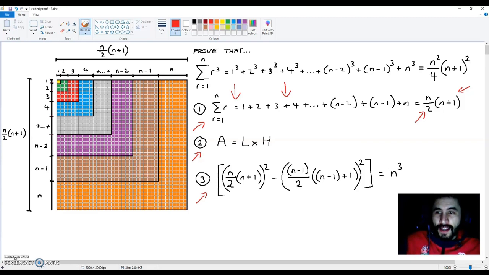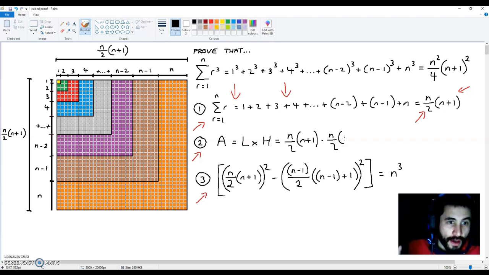Now, if the length and height of this big square is n over 2 multiplied by n plus 1, what do you think the area of the massive square is going to be equal to? Let's see. The area is length times height, and we know that this is going to be equal to n over 2 multiplied by n plus 1 multiplied by n over 2 multiplied by n plus 1.